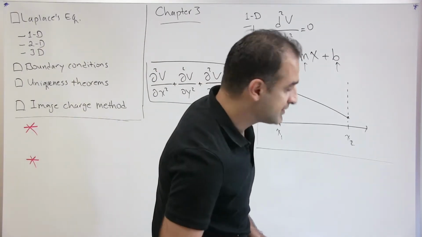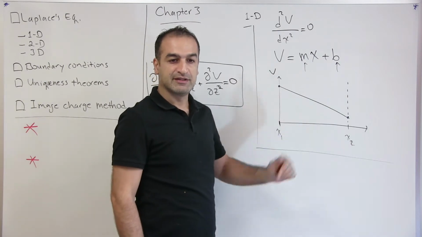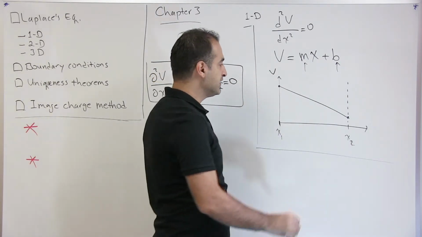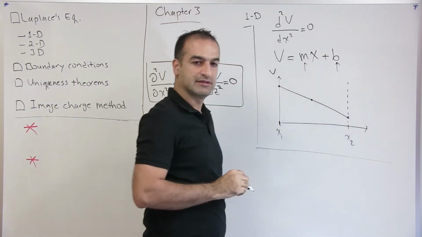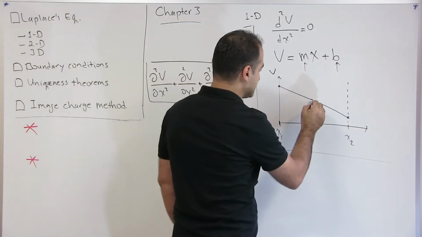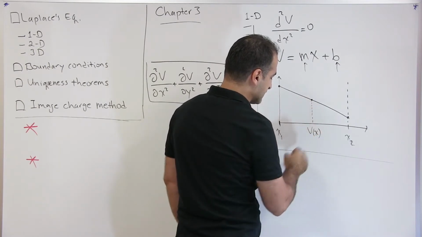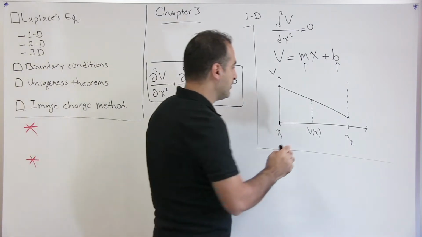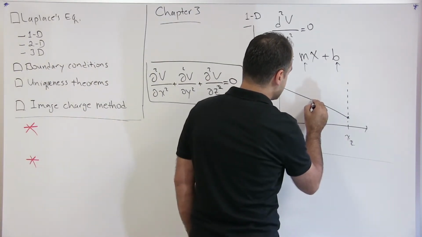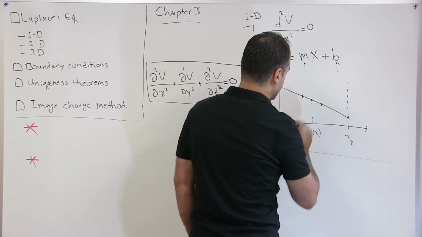One of the things is this: this is a straight line with a certain slope. If you look at any point on this straight line, let's say V at x, this is the average of the 2 points at the same distance on the left and right side of the point.